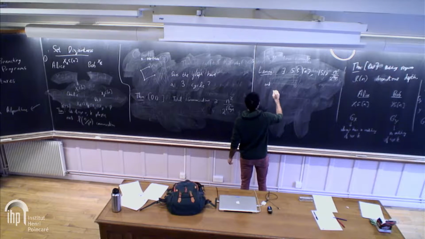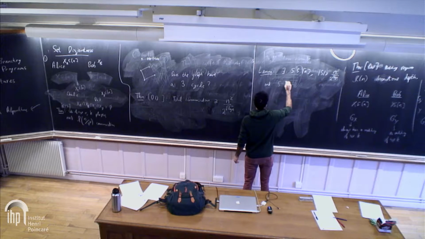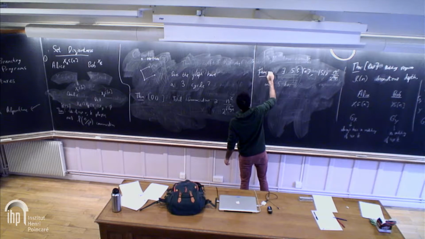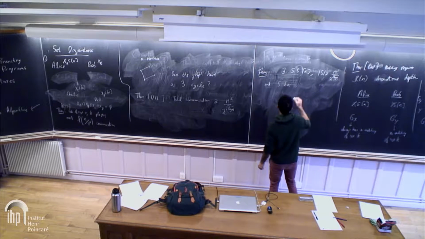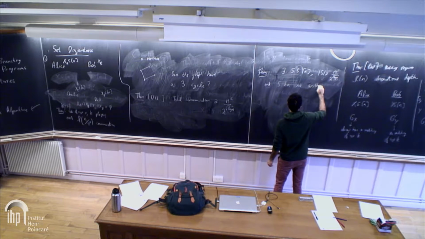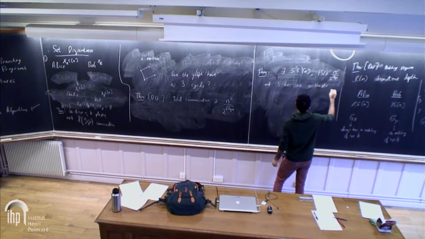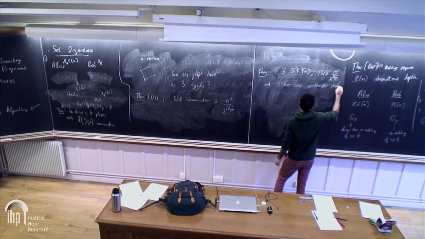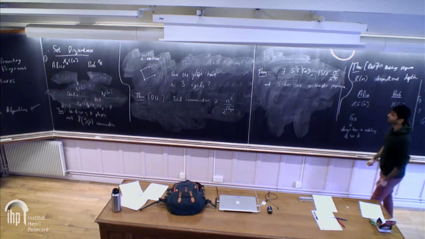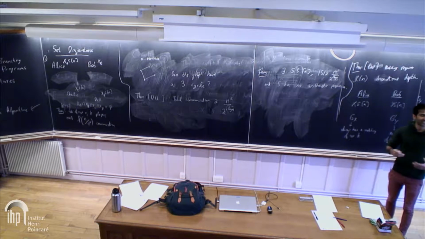And S has no, I'll write theorem here. So the theorem of Behrend, and S has no 3-term, or it has no non-trivial arithmetic progression. Okay, so an arithmetic progression is like 5, 10, 15.